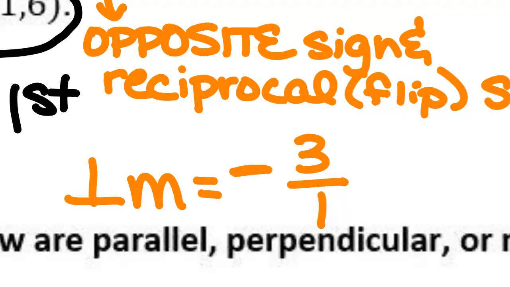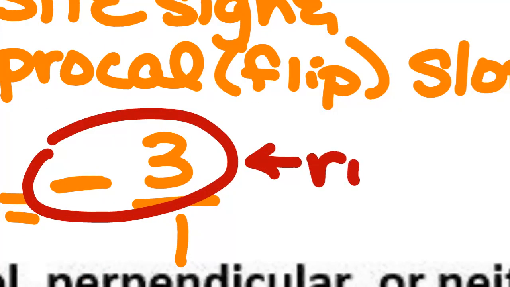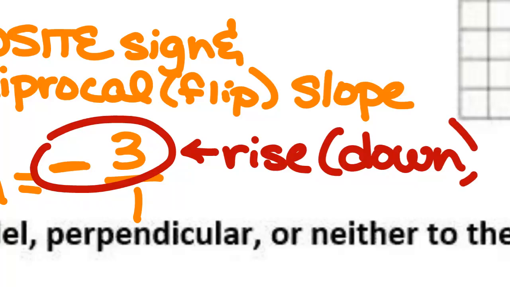How many negative signs do I have here? Just one negative sign. So when I'm thinking about rise and run, that negative sign either goes with the top or it goes with the bottom, not both. I'm going to put it with my numerator here. Since the rise is now a negative number, we're going to go down 3.